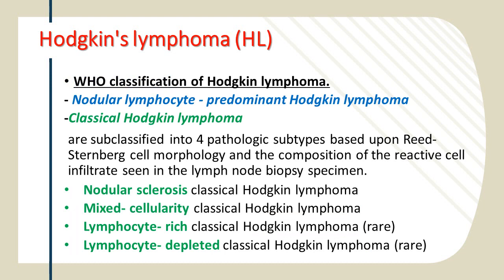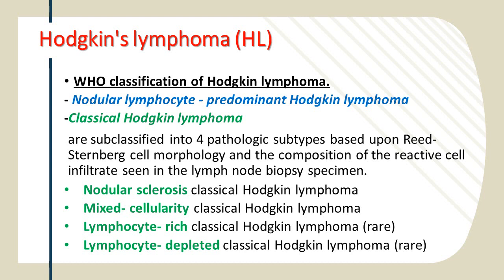For the WHO classification of Hodgkin lymphoma, they are divided into nodular lymphocyte predominant Hodgkin lymphoma and classical Hodgkin lymphoma. The latter is subclassified into 4 pathologic subtypes based upon Reed-Sternberg cell morphology and the composition of the reactive cell infiltrate seen in the lymph node biopsy specimen.